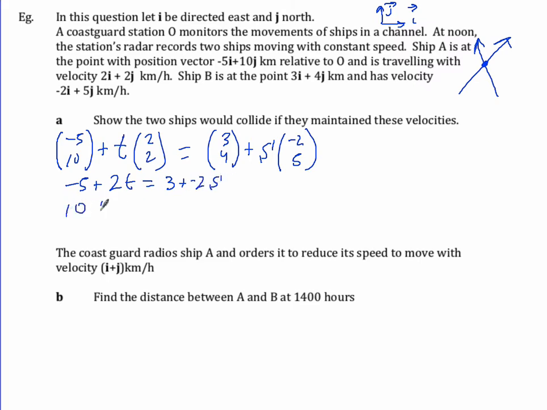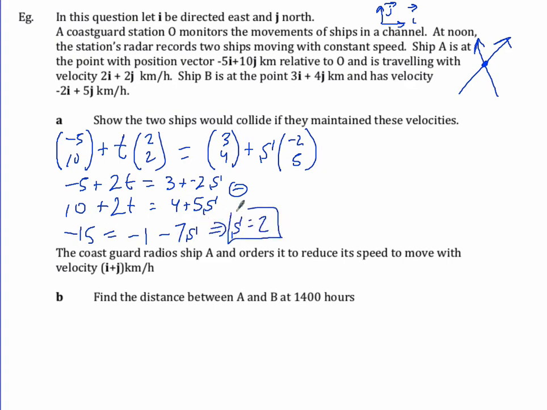Okay, we got 10 plus 2t equals 4 plus 5s. So these t's match up. So let's subtract, and we get -15 equals -1 minus 7s. And if you solve that, you get s equals 2. Okay.